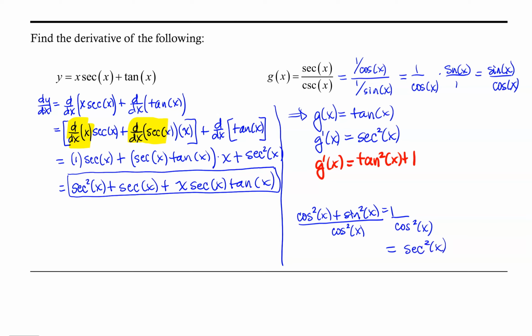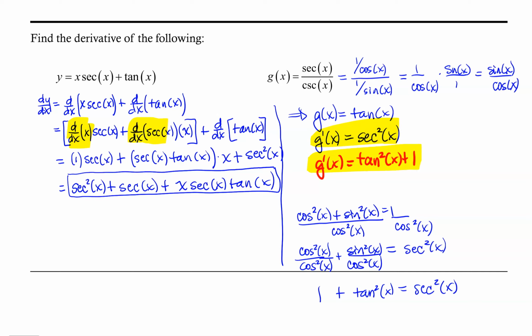And if we expand the left-hand side, we would have cosine squared of x over cosine squared of x plus sine squared of x over cosine squared of x. In other words, we would have 1 plus tangent squared of x equals secant squared of x. So both of these derivatives are equally correct. I hope this helps.